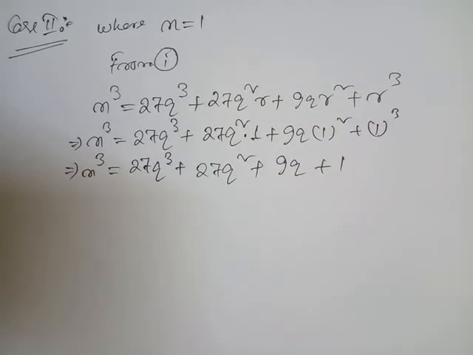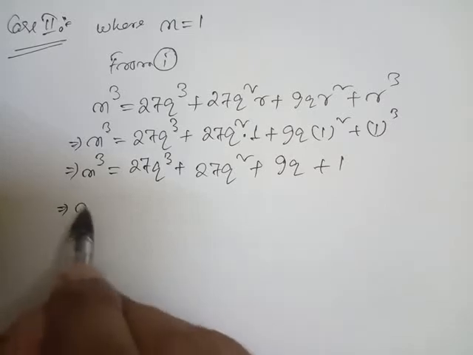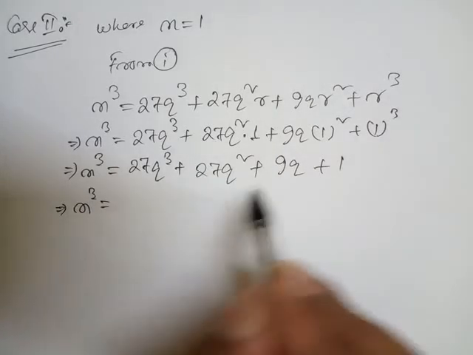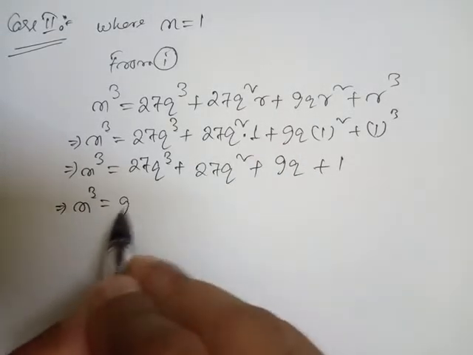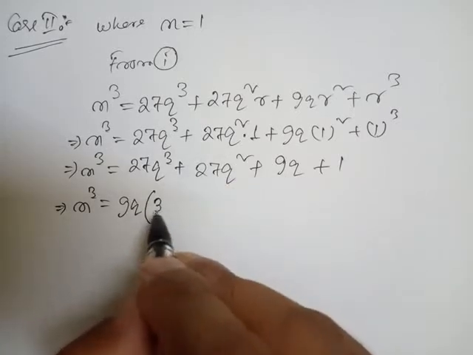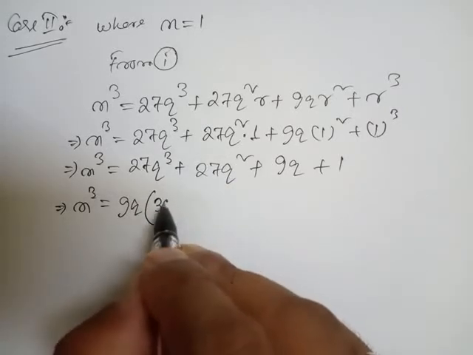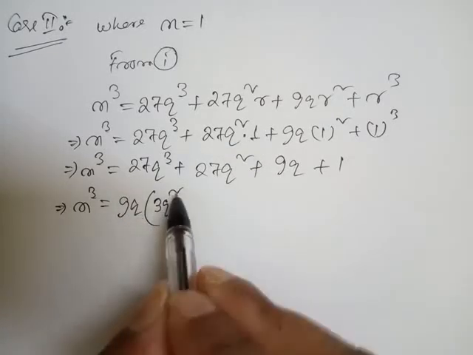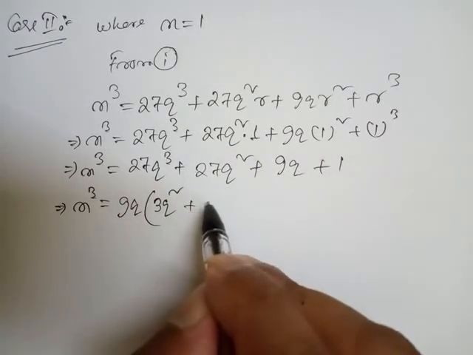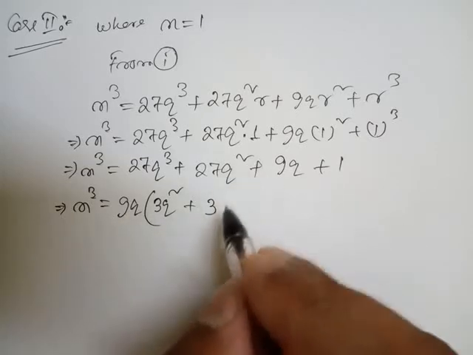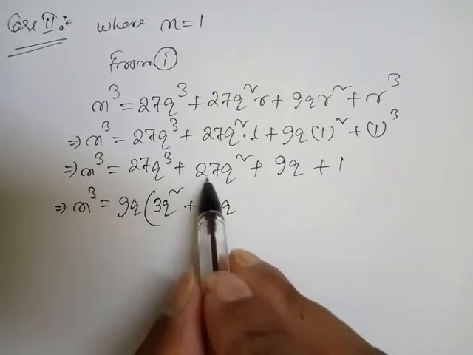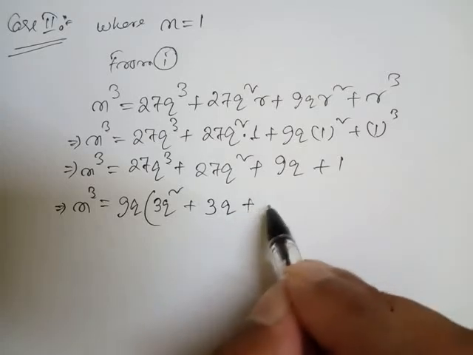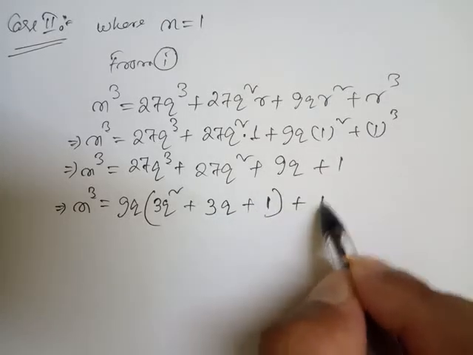Now after that, if I take 9 common from here, what will happen? n cube equal to, if I take 9 common from here, then 3 nines are 27, and there is again q square. Look here, 3 nines are 27, q into q square is q cube. Next, 3 nines are 27, and there is q square, then 3 nines are 27, and there is q, and there is 1 only, and this part is 1.